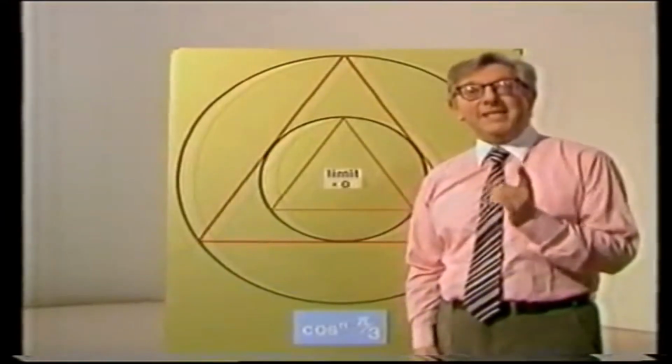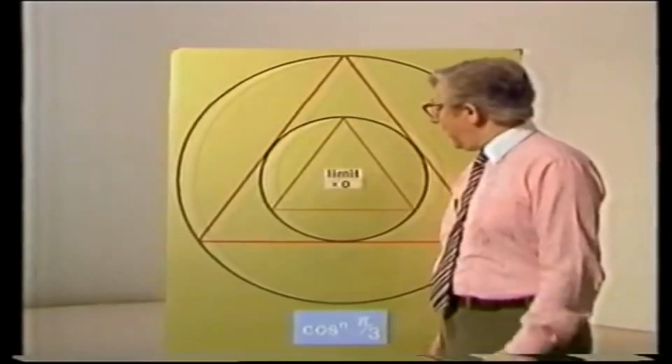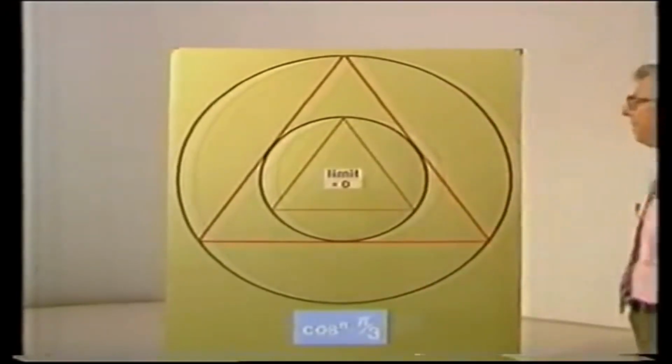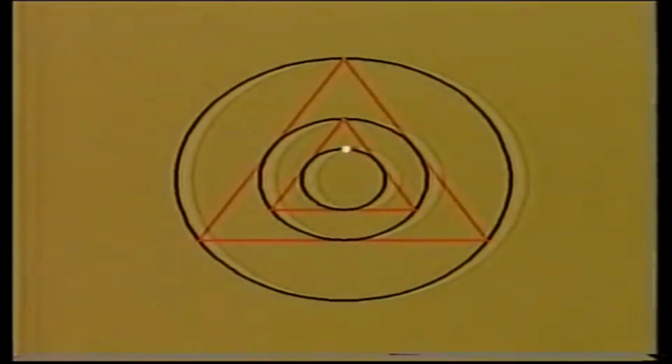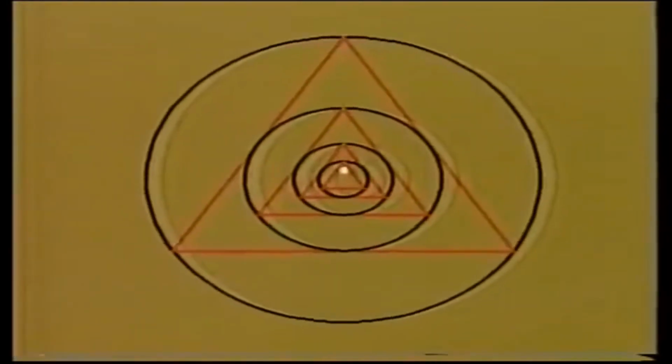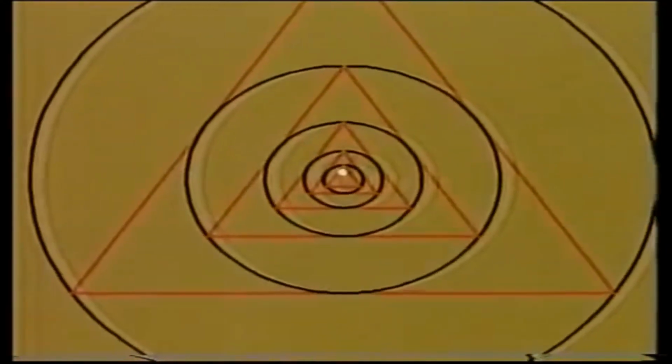Remember, it was the analysis that proves that the radii tend to 0 in that case. Well, let's have a look at that sequence again. Notice that the radii of the circles continue to scale down by a half each time. That's why they tend to 0.